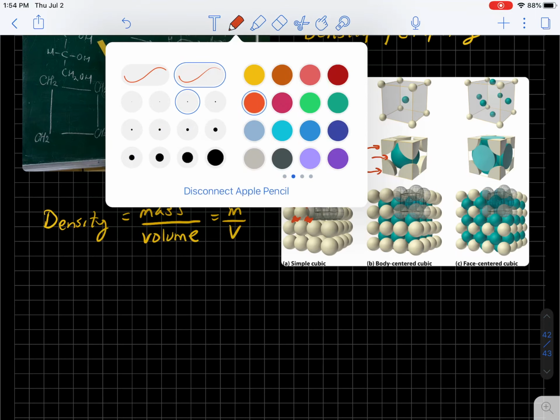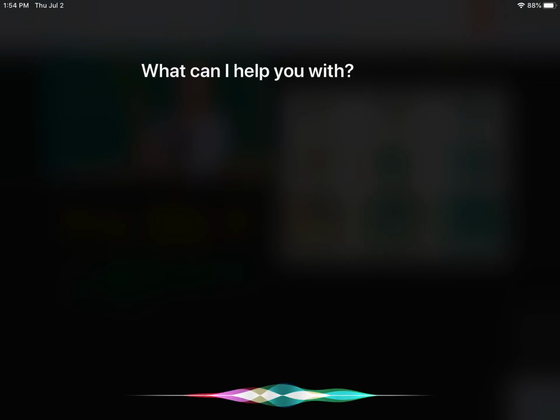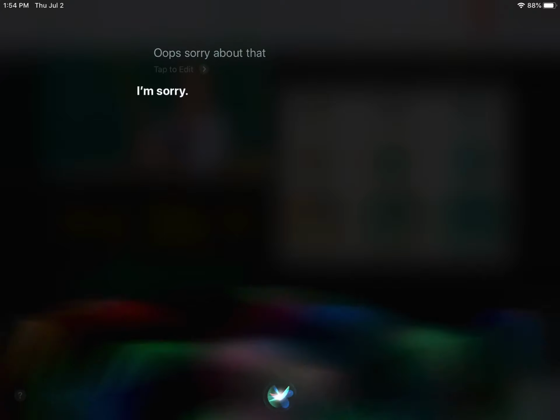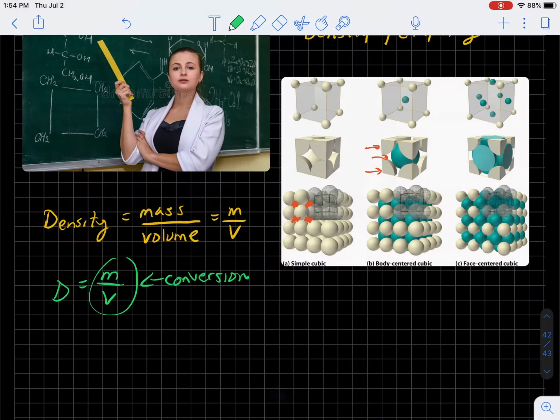All right, mathematically speaking, we already went over this, so I'm not going to belabor it. When you have a density calculation, anytime you have a numerator over a denominator, that's called a conversion factor.